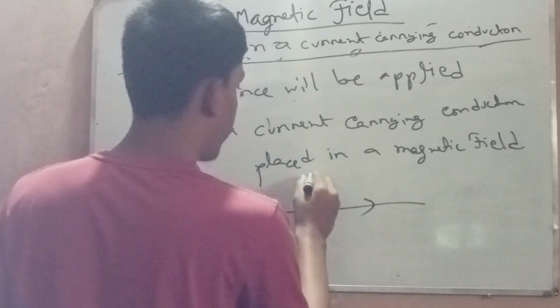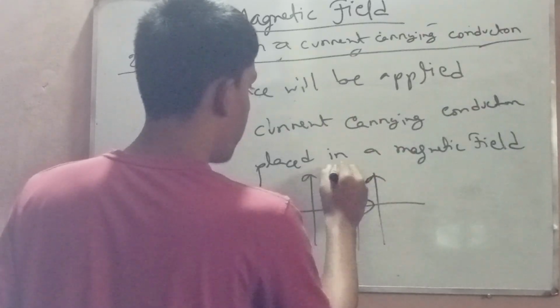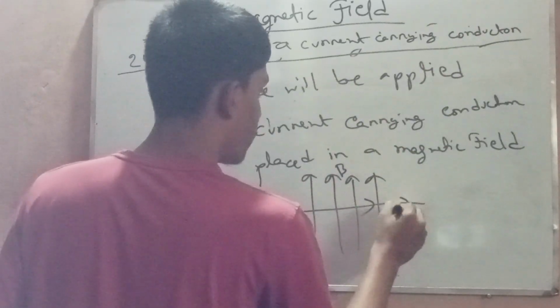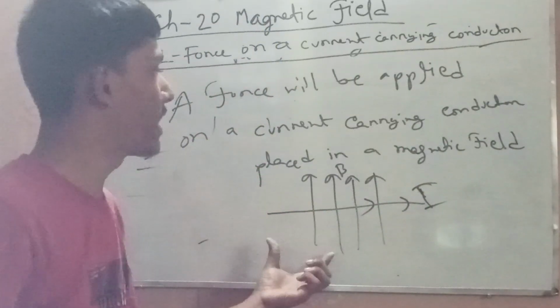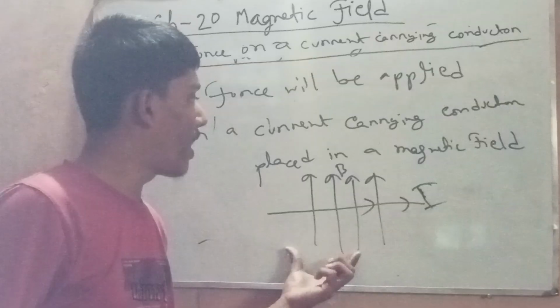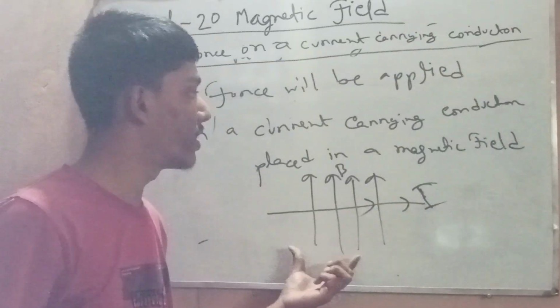If a current carrying conductor is placed in a magnetic field, a force will be applied on the conductor. We'll determine the force direction now.